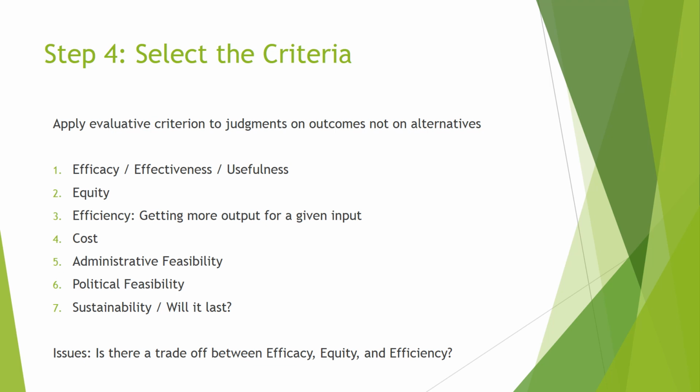Okay? So we try to measure the outcomes of our alternatives based on equity. Really important thing, really important tool that a lot of times gets overlooked. We think about efficiency, we think about efficacy, and we fail to think about the least of these.